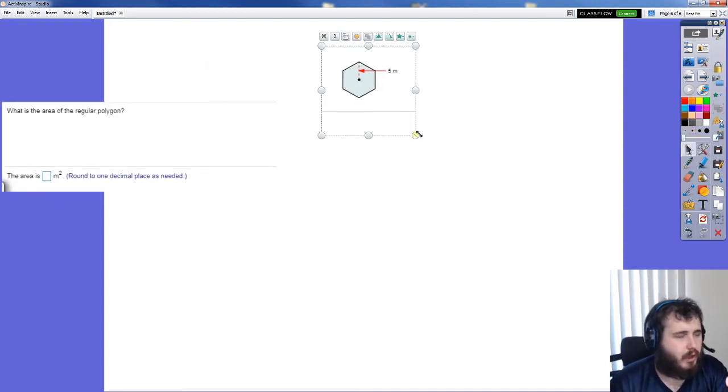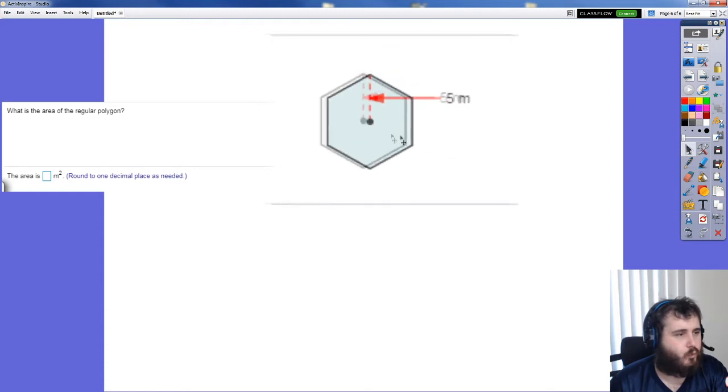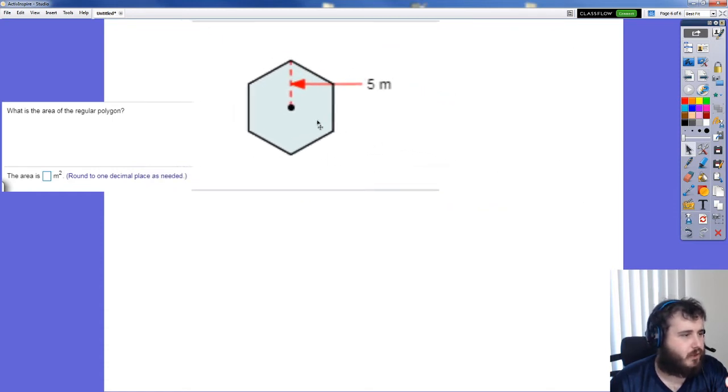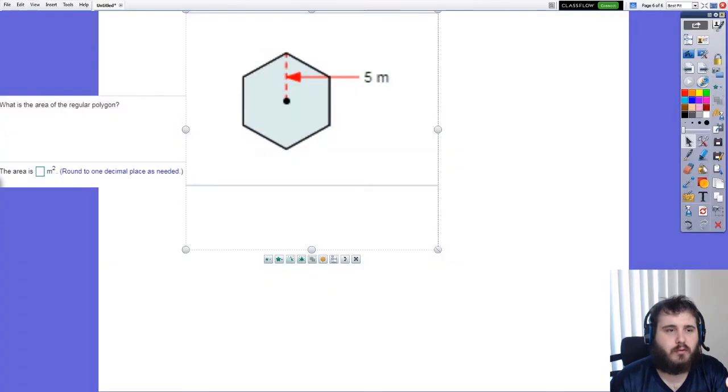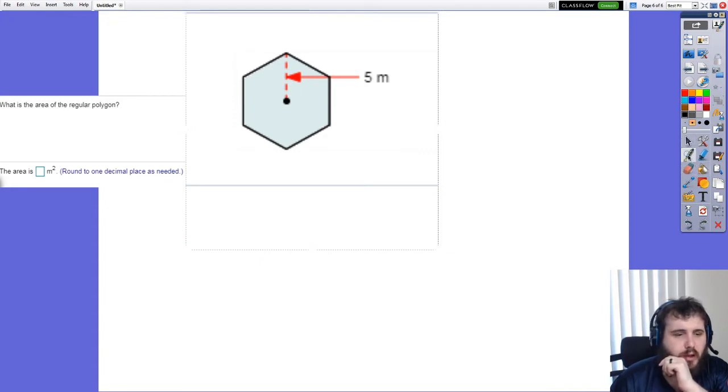So we've got a lot of options, to be very honest with you. It really depends on which way you prefer. In this one, you don't have to use trigonometry. And the reason you don't have to use trigonometry is because this is a hexagon.